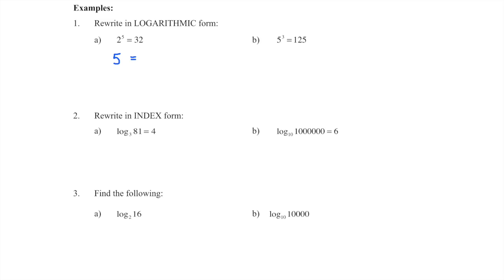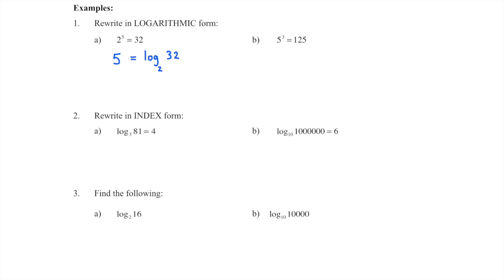I moved 2 to the other side, and it's a base. So because it's a base, it has to stay a base. And because I'm changing it to logarithmic form, it has to be a base for the logarithm. And that has now rewritten 2 to the power of 5 equals 32 in logarithmic form.